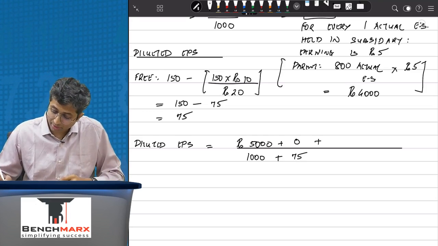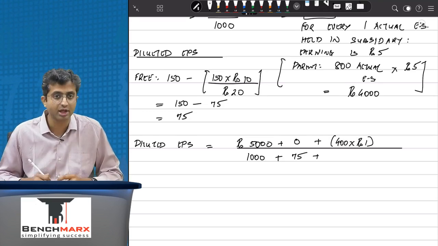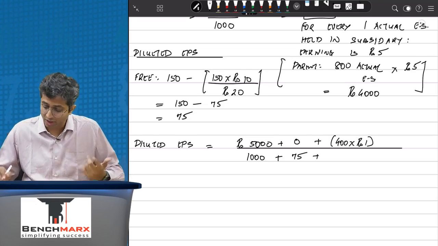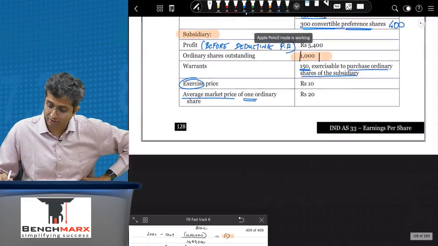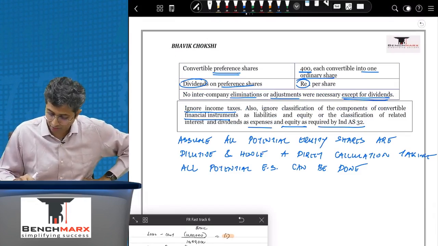Achha, when the convertible preference shares are converted, you will save paying this 400 into rupees 1 of dividend. Had these been converted at the start of the year, you did not have to pay 400 into rupees 1. Achha, but then if preference shares are converted, they will also get converted into equity shares. So 400 each convertible into 1 ordinary share.